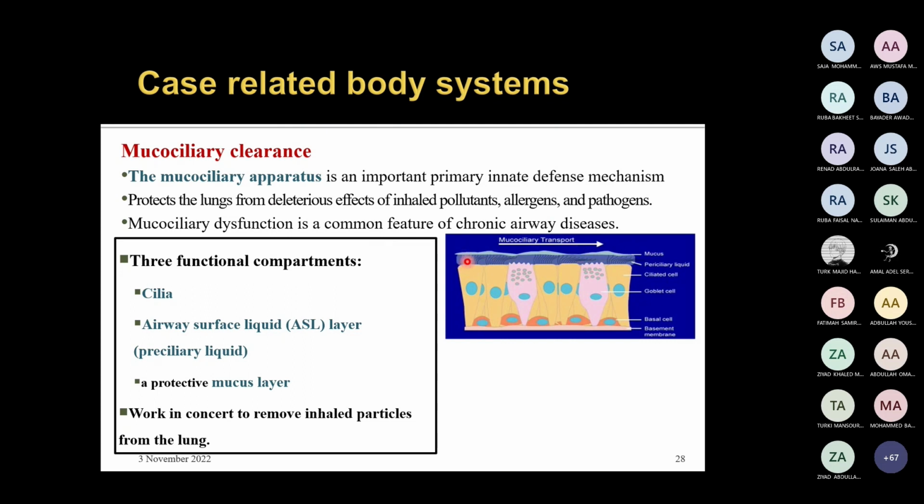So when the cilia stroke towards this side or toward that side, it moves the fluid easily, and above the fluid, the mucus moves. What happens usually is that when you cough, this ciliary apparatus helps you to dislodge the mucus from your airway and spit it out. So this is a protective layer, and this is the normal function of this.